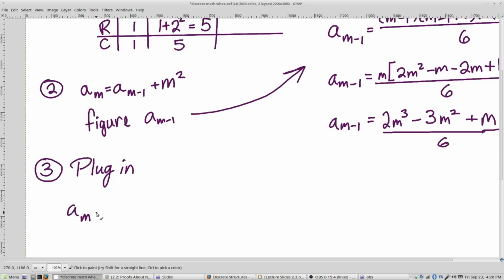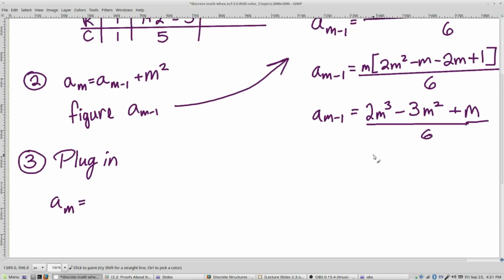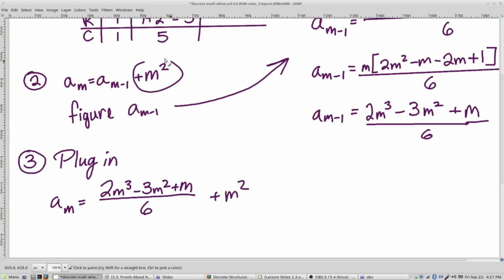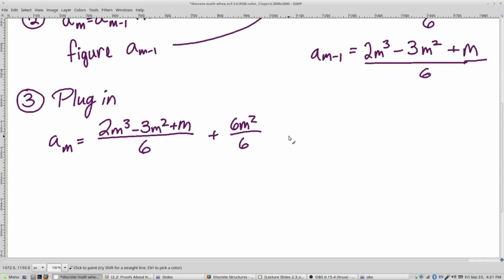A sub m is equal to that whole lovely thing, so 2m cubed minus 3m squared plus m over 6. And it would be plus m squared from here, right? But if we want a common denominator, we have to multiply it by 6, so let's say plus 6m squared over 6. So then we can add these up.